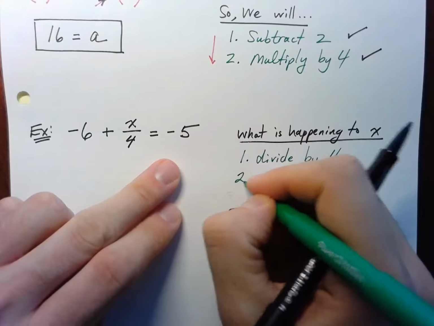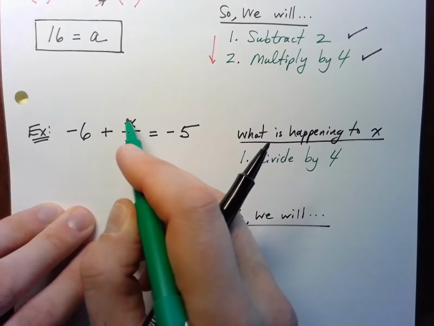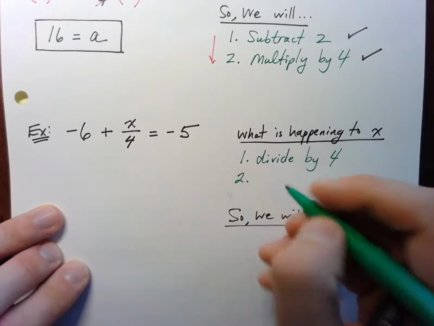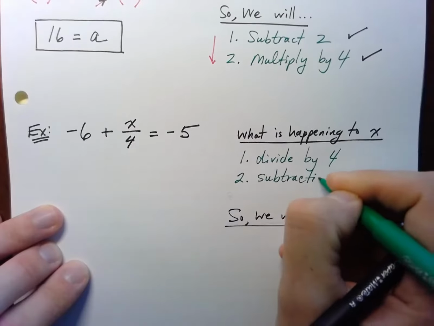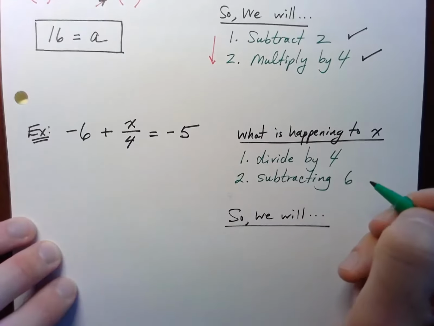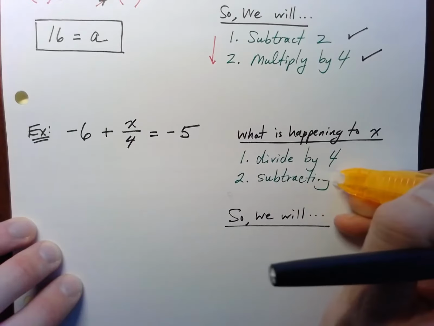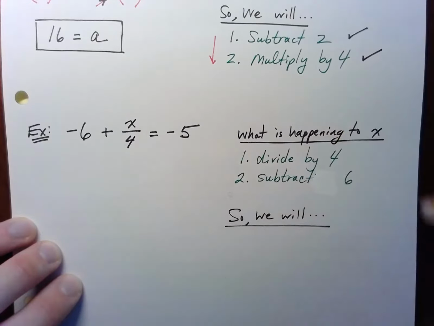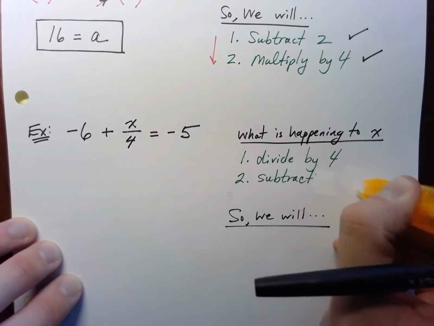Okay, and then the second thing that's happening to x after all of that, it's being added by a negative 6, which is the same thing as saying subtracting 6. Okay, subtract 6, just like that. Subtract 6.